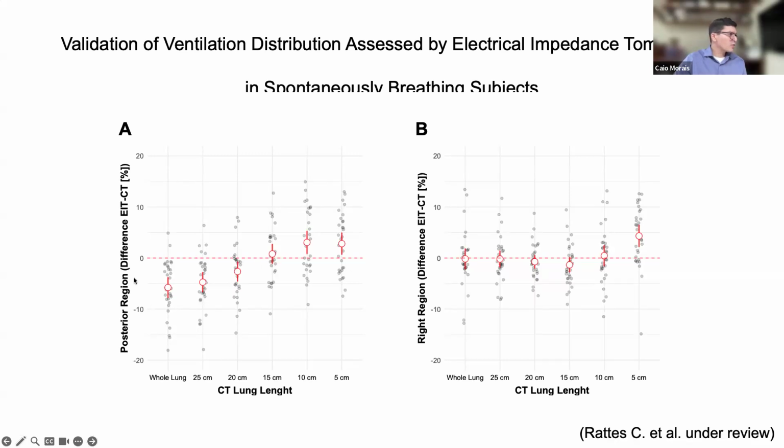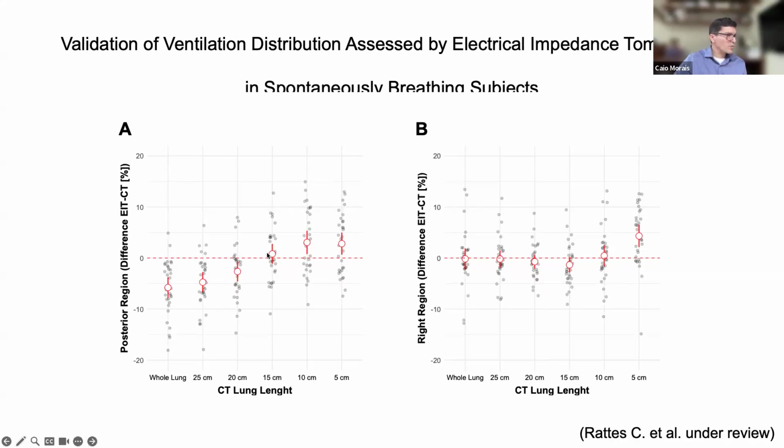This graph shows the posterior region, the difference between EIT and CT in assessing the ventilation in the posterior part of the lung. And on the x-axis, we have different slab thicknesses of the CT image. Look, if we consider the whole lung, we are going to underestimate the ventilation distribution.